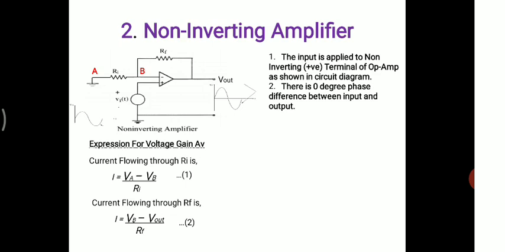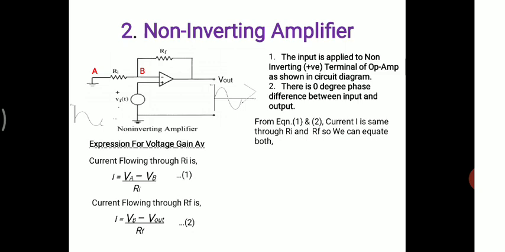Here phi B is the voltage at point B and phi out is the output voltage of the operational amplifier, and point B and the output terminal are the two end terminals of resistance Rf. The potential difference between these two points is the voltage drop across resistance Rf. Then according to Ohm's law, the current through Rf, equation 2, is I equals phi B minus phi out divided by Rf.